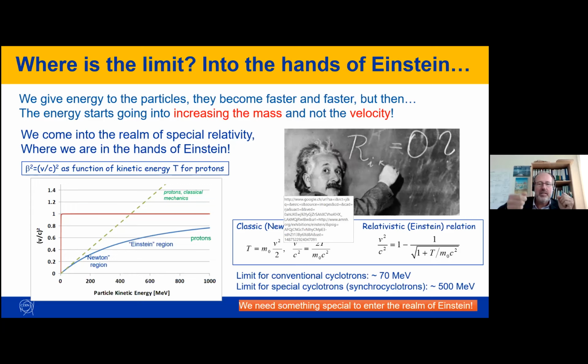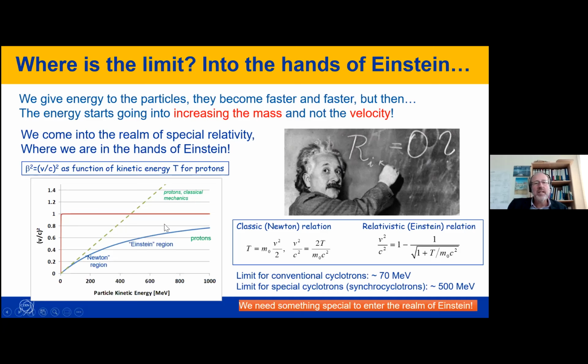Here I plotted v over c, velocity over the speed of light, of the particle as a function of energy for one proton. If it stayed in classical mechanics forever, the velocity would increase forever and become higher than the speed of light, which is not possible. The speed of light is a limit that cannot be crossed.